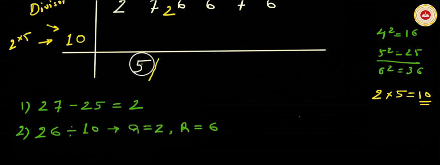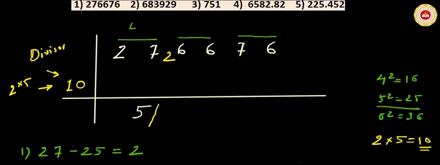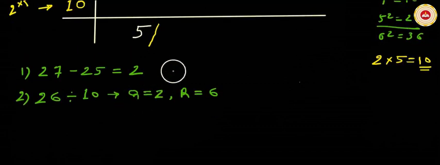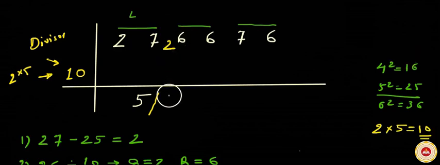This is the quotient area. We are going to write quotients here. So write quotient 2, and write remainder 6 as a prefix to the next digit, which is also 6.